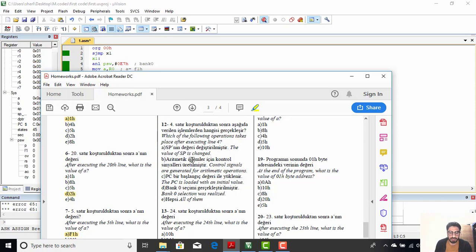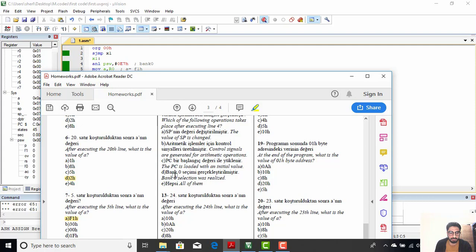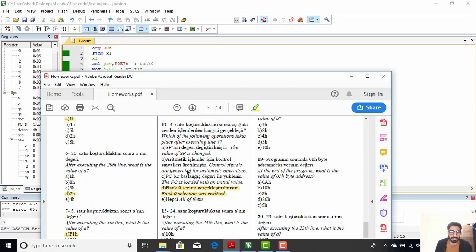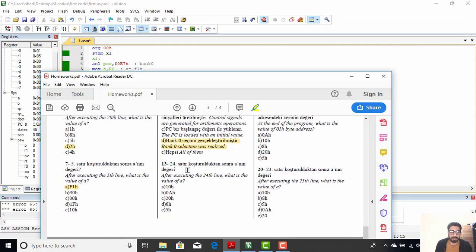Value of SP is changed? No. Or generating? No. The BC is loaded? No. Yes, this one is the right one because we chose bank 0 during the operation.